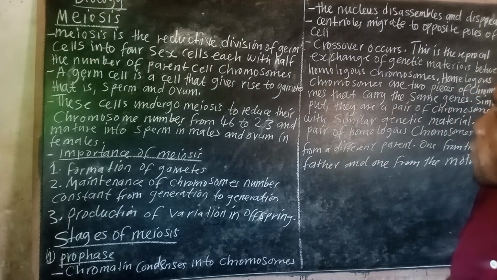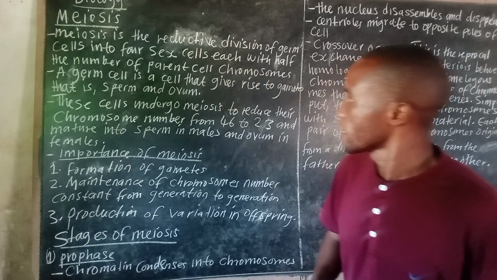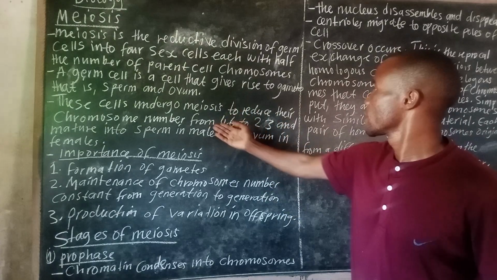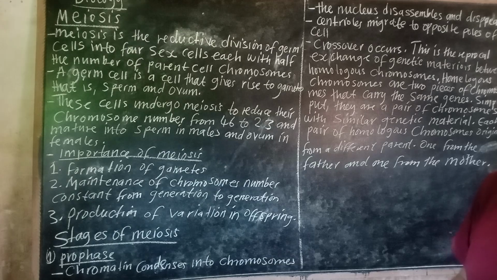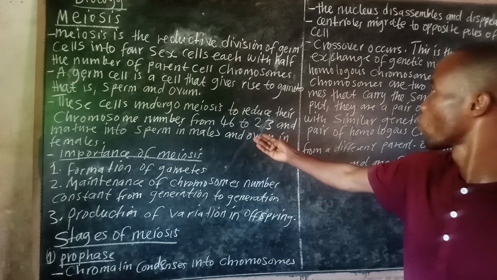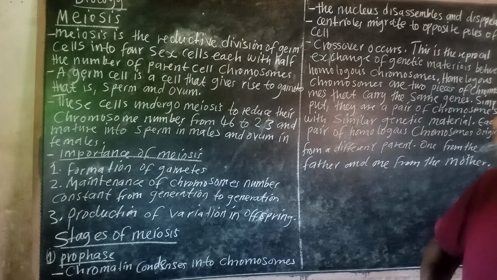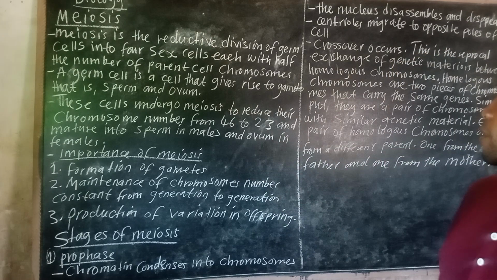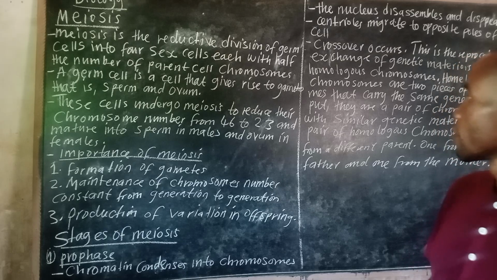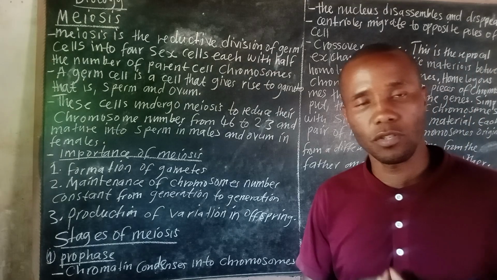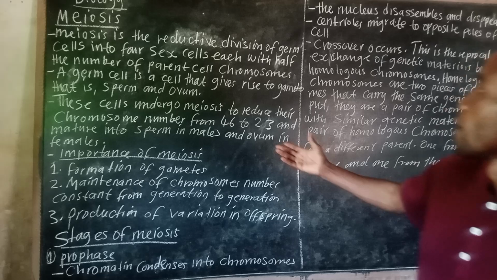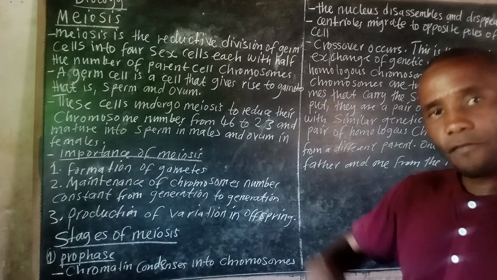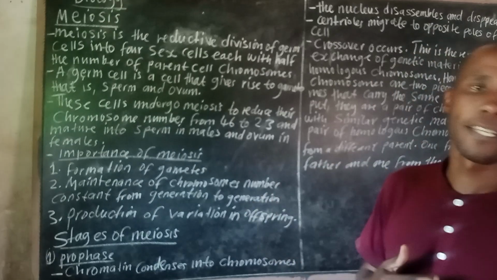The second point under meiosis: these cells undergo meiosis to reduce their chromosome number from 46 to 23 and mature into sperm in males and ovum in females. If you can recall very well, mitosis maintains the number of chromosomes of the parental cell as well as the daughter cell.